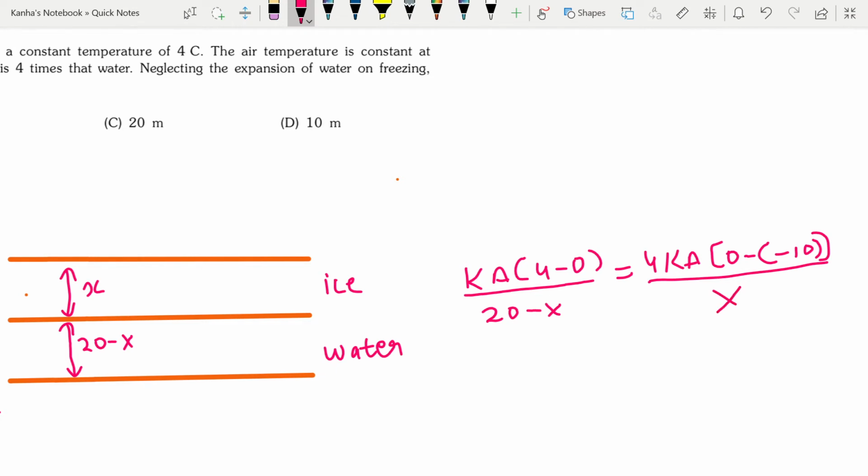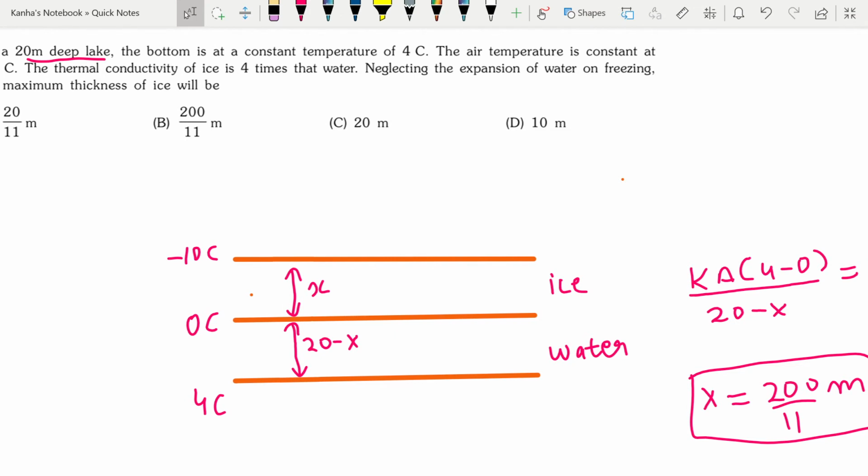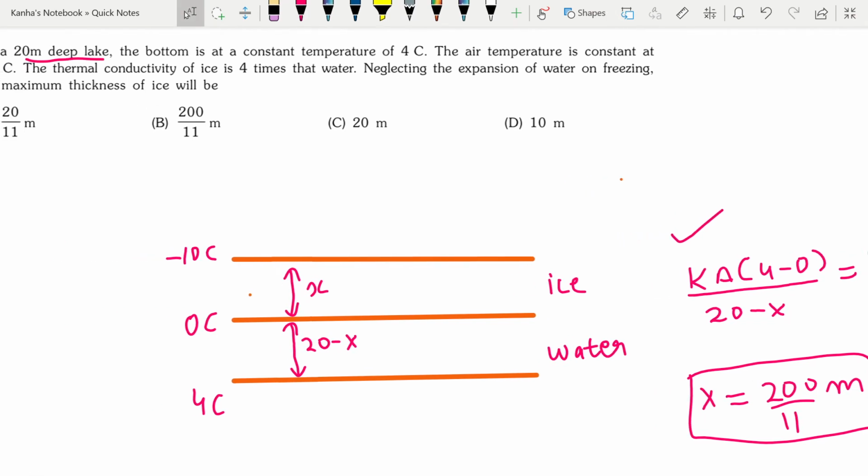Because the rate of heat flow, which was Q by t, is same for both. From these equations I can easily write that x is equal to 200 by 11 meter. So in all the problems where they ask you about ice being formed or ice on a lake problems, you just need to remember the basics. So I'll just mark this here.